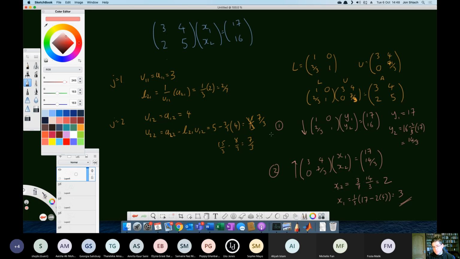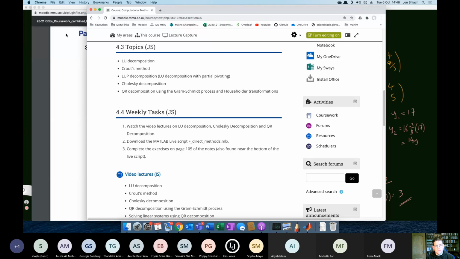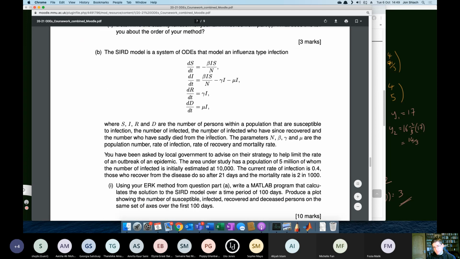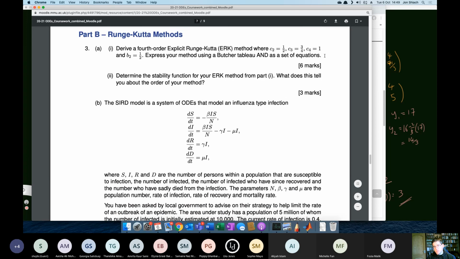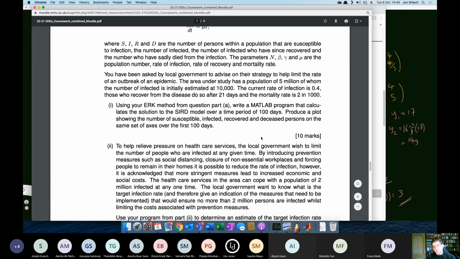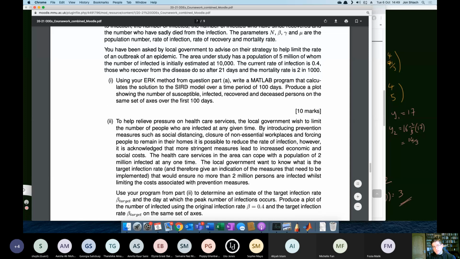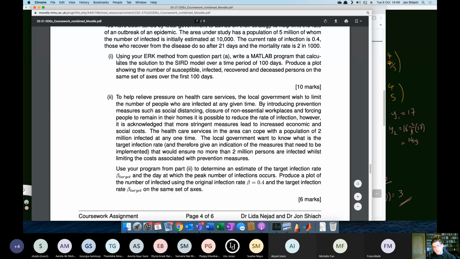If you are really struggling with this three-part A, what I would suggest is if you can get a set of values which give you a fourth order method, use those for the remainder of the question. So there's no point struggling on this first part and then not being able to do all of this question.